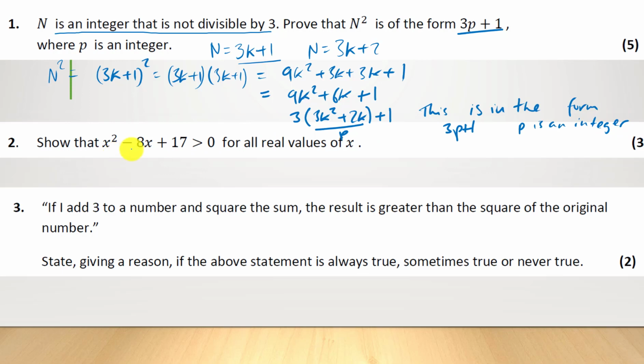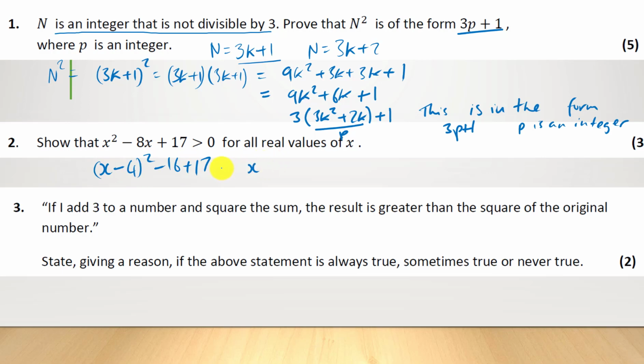Next one, show that x squared minus 8x plus 17 is greater than 0 for all real values of x. Well, we just complete the square here, so it's x minus 4 squared minus 16 plus 17.